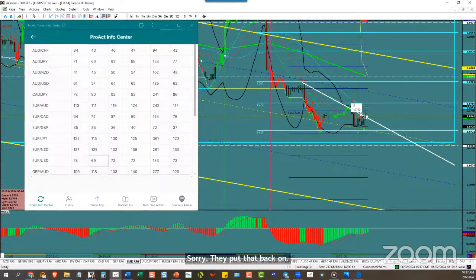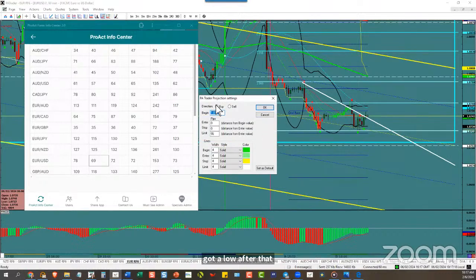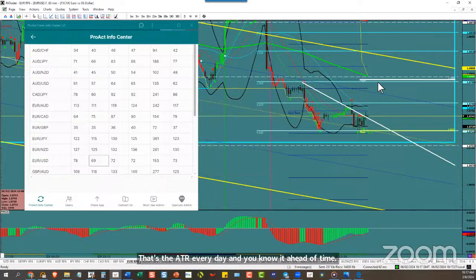So I go from the 5 o'clock candle yesterday, right there. I got a low after that. That's the low for the day. Where's the high for the day? That's the ATR every day. And you know it ahead of time. One day before it happens, you know it. 69 pip ATR up, and it should end up here by 5 o'clock tonight. There it is. We don't have 55 pips. Target is 167.90 up there.